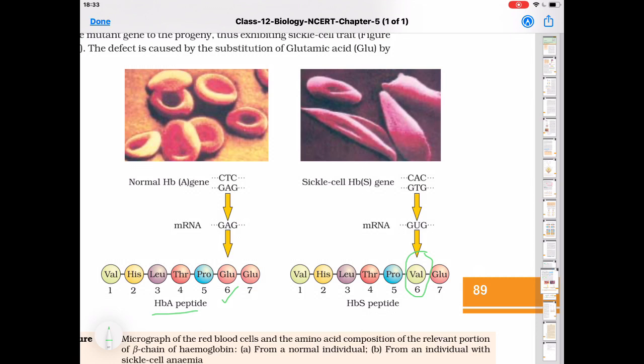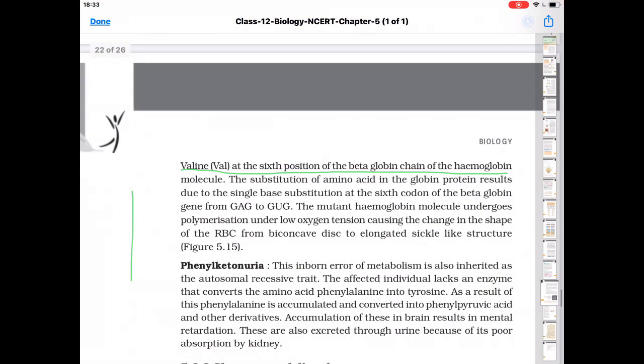In this, A is changed with U. The substitution of amino acid in the globin protein results from a single base substitution at the 6th codon of the beta globin gene from GAG to GUG. The mutant hemoglobin molecule undergoes polymerization because it has now less oxygen carrying capacity, which changes the shape of RBC from biconcave disc to sickle-like structure.